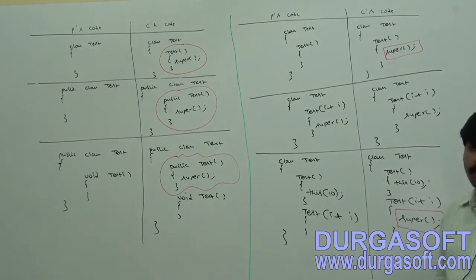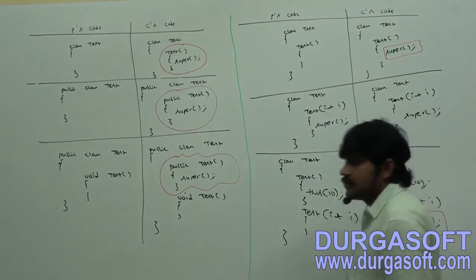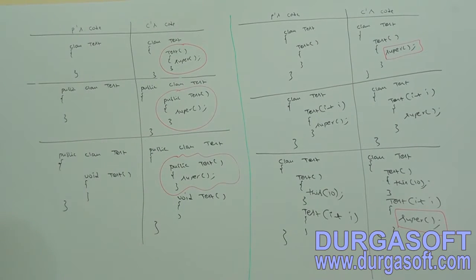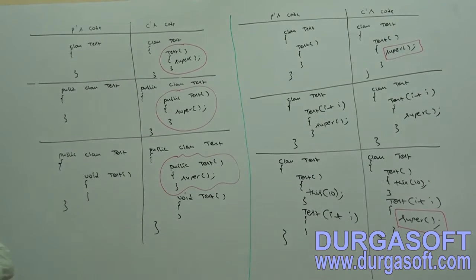Class test, curly brace open and close, like. Piece code, C's code. I hope the terminology is very clear for you.